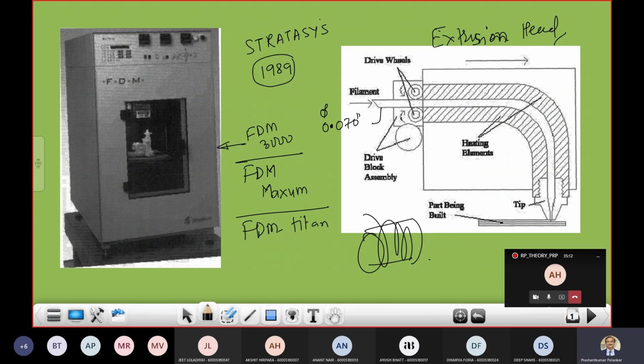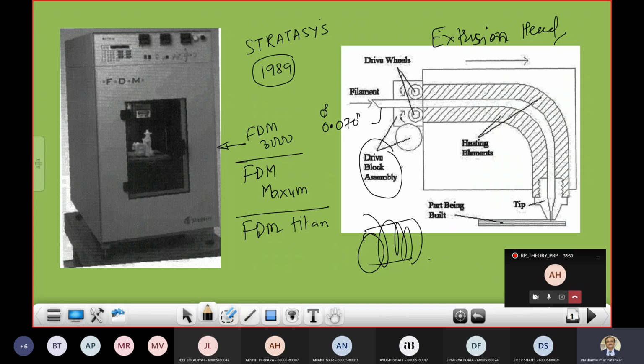Then the other thing you can see over here is the drive blocks. These drive blocks are computer controlled, and they are capable of precision loading and unloading of the filament. That will be taken care of by this drive block assembly. It consists of two parallel wheels, as I have shown you earlier, which are attached to small electric motors through gearing.